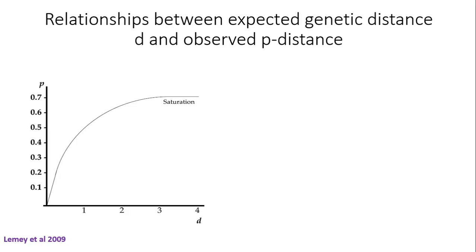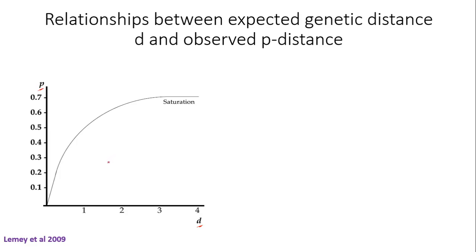Well, now if we plot the genetic distance d on the x-axis and the observed distance p on the y-axis, a very characteristic graph might appear, right? So using such a graph, one can easily interpolate genetic distance if observed distance is known and vice versa.